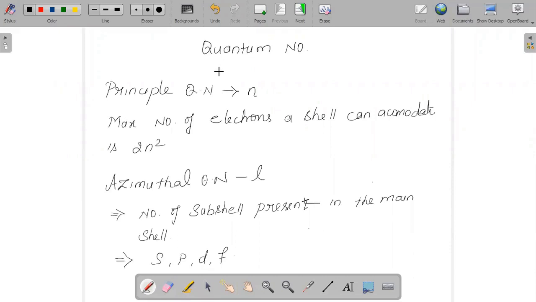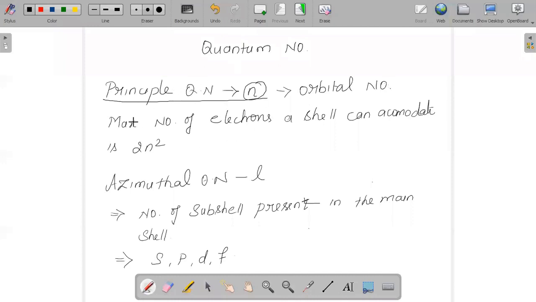When we talk about quantum numbers, as I told you, the principal quantum number is denoted by the symbol n. It will help you find out the maximum number of electrons, or we can say it denotes the orbital number, or in a more simple way it represents the shell number of the electron.